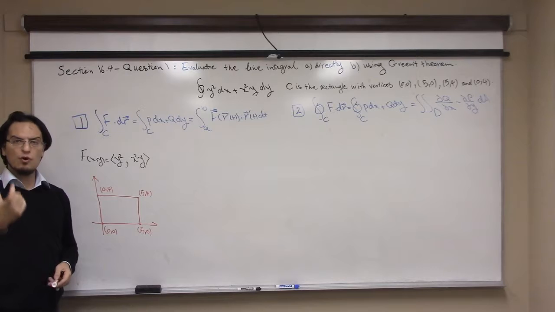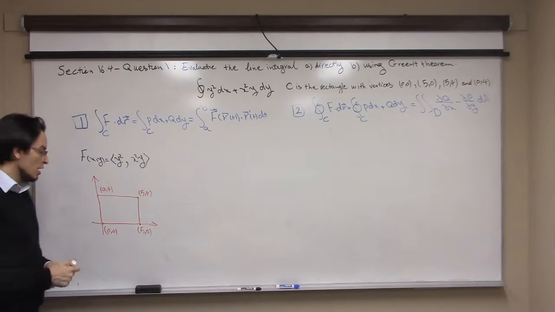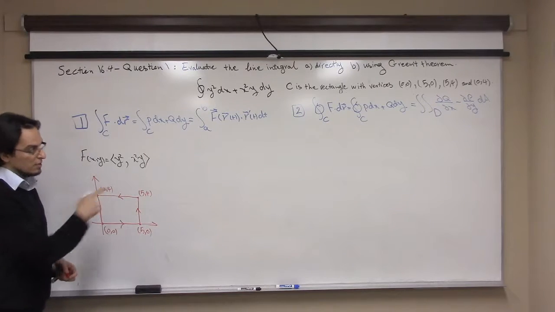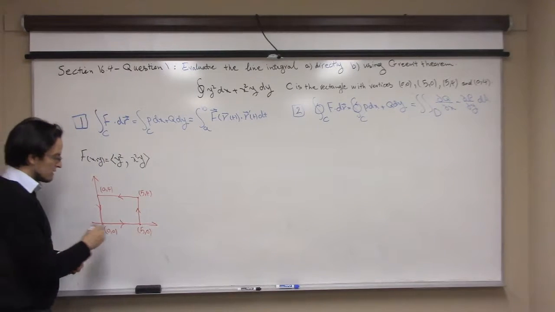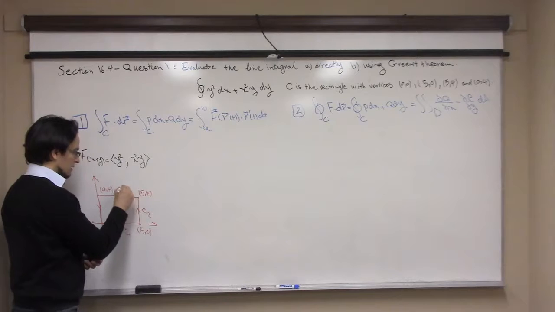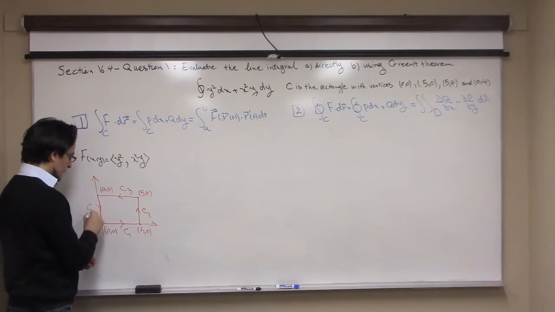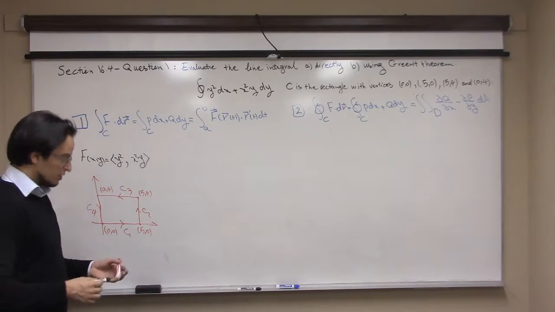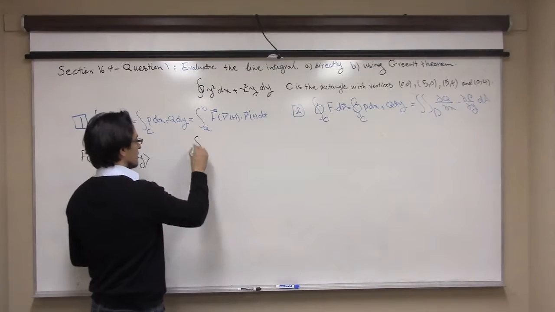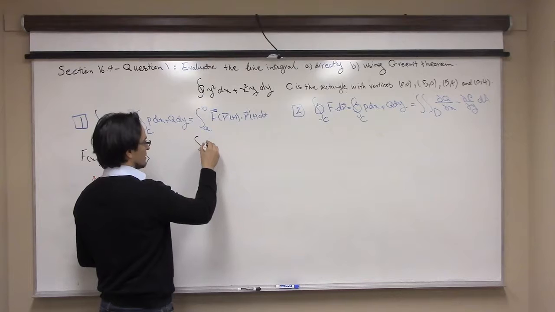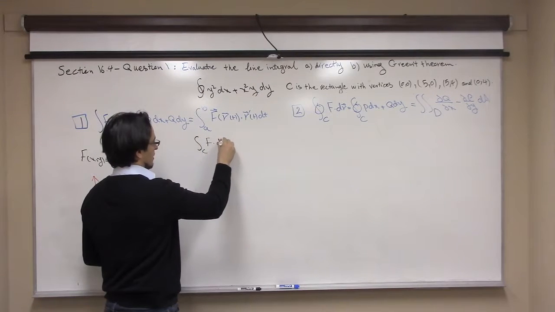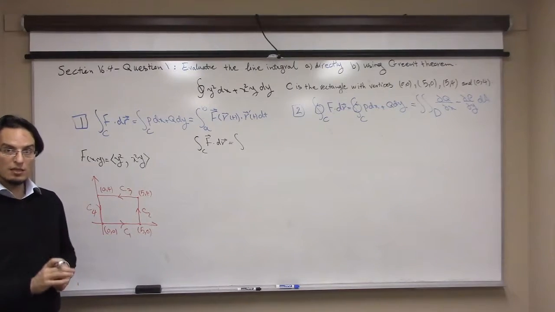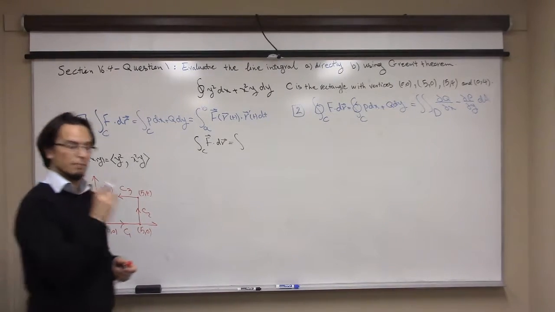It is formed by 4 pieces, and in this case, these were the directions. So I have to separate the pieces, and then the line integral on the whole thing is going to be the sum of the line integrals on each piece.